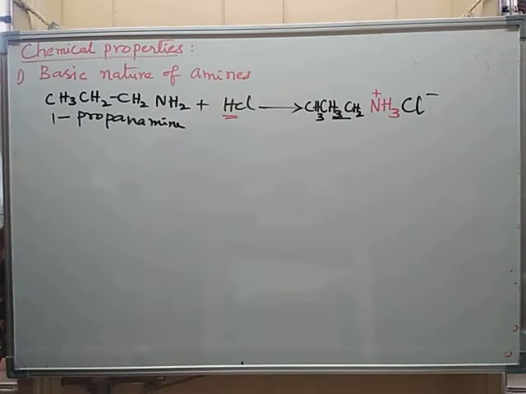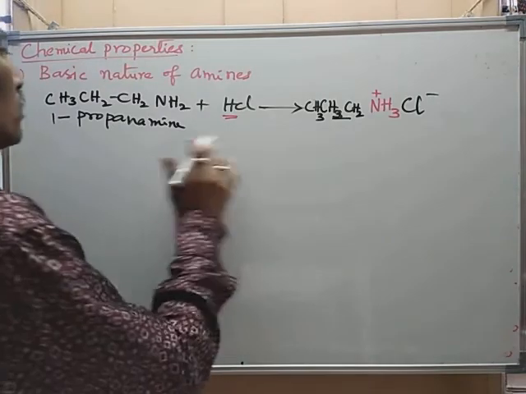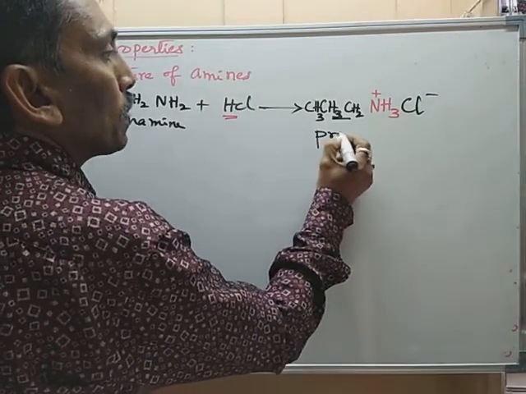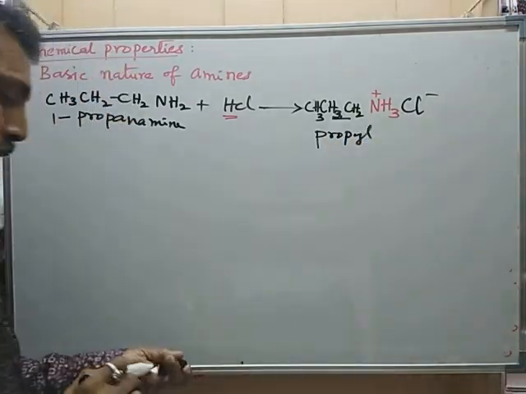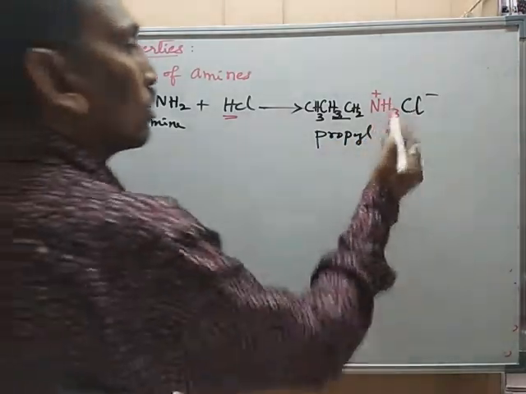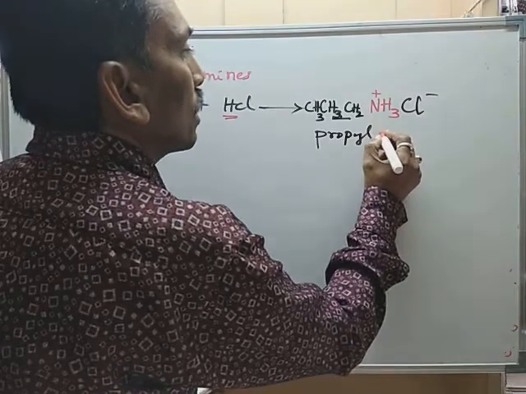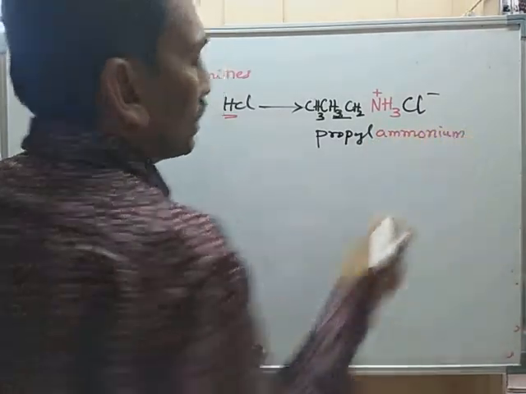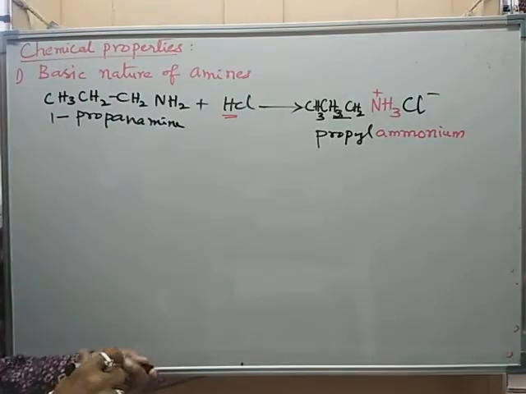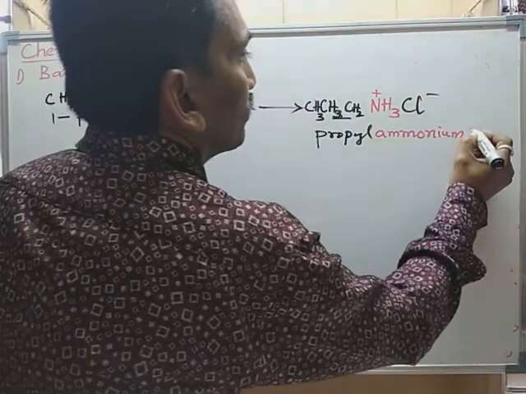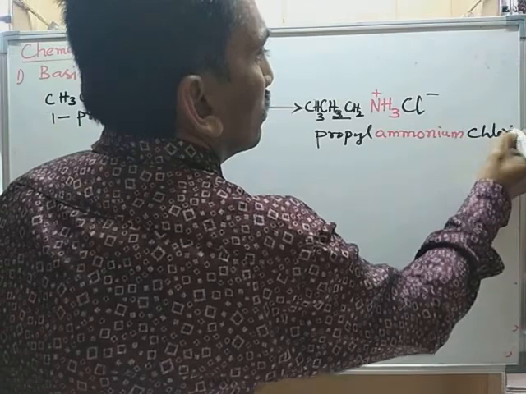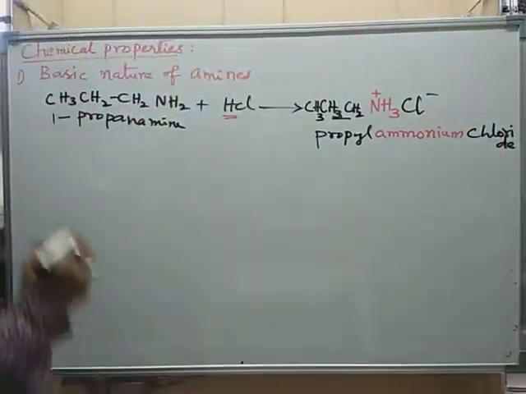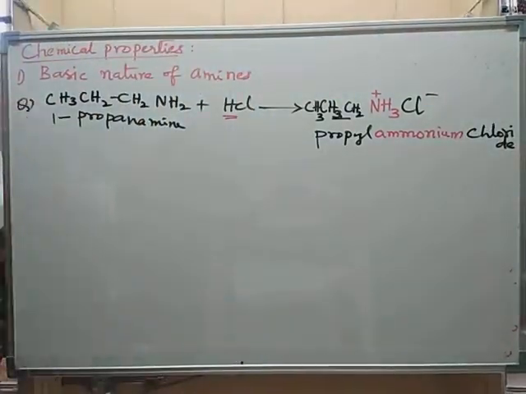This is the question you have to answer. The name of the product is very simple: propyl. The group NH3 plus is the salt's cationic part, and it is ammonium, and Cl is named as chloride. This is a question based on basic properties of amines.